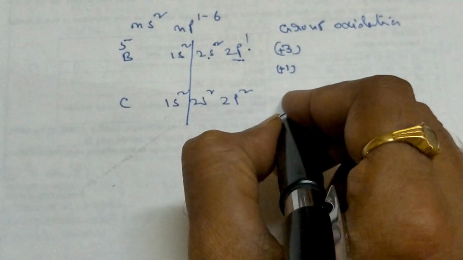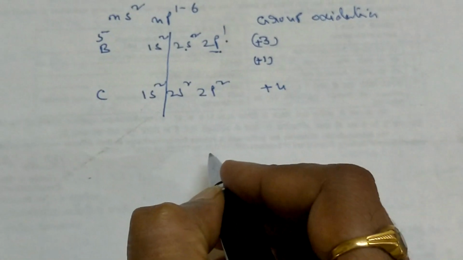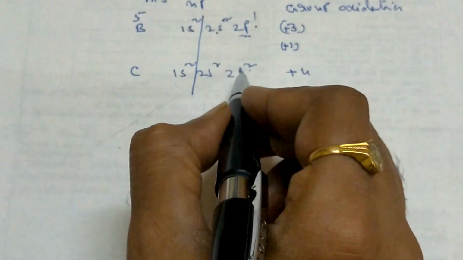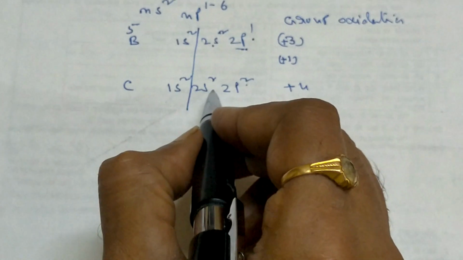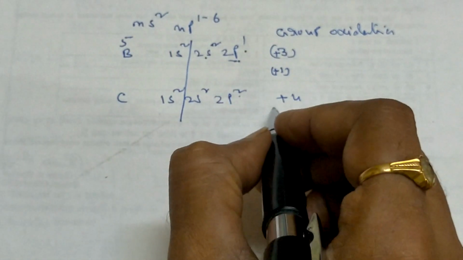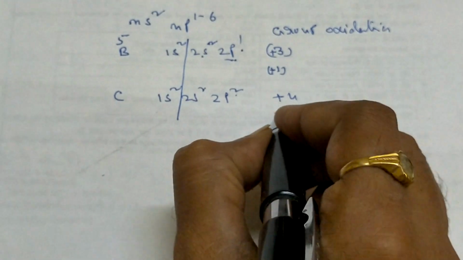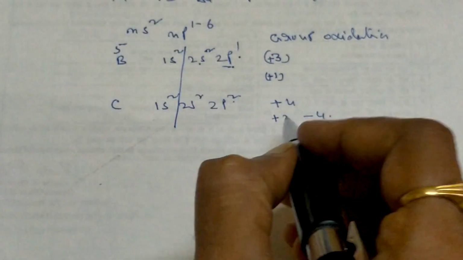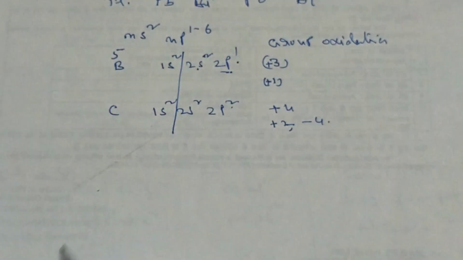So the normal group oxidation is 4. How? 1 will jump from the s, so 3 in the p and 1 in the s, totally 4. The exceptions are +2 and -4 also.